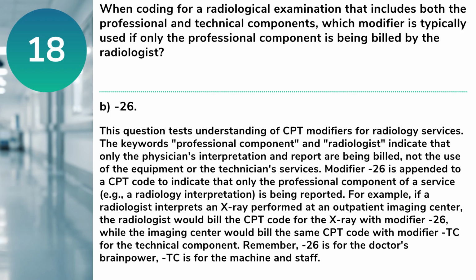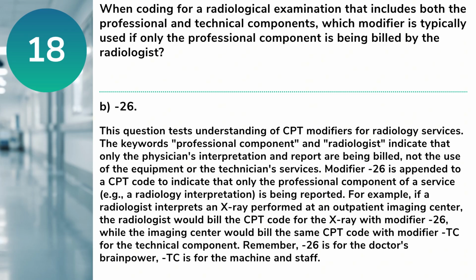The keywords professional component and radiologist indicate that only the physician's interpretation and report are being billed, not the use of the equipment or the technician's services. Modifier -26 is appended to a CPT code to indicate that only the professional component of a service, e.g., a radiology interpretation, is being reported.